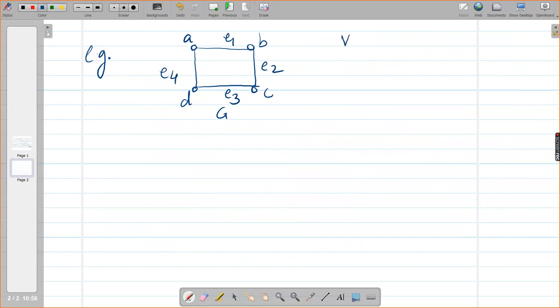Now, what is the vertex set V? It is A, B, C, D. Can you find two subsets of V such that their union is V and intersection is phi? They don't have anything in common, and every edge has one end vertex in V1 and the other end vertex in V2.